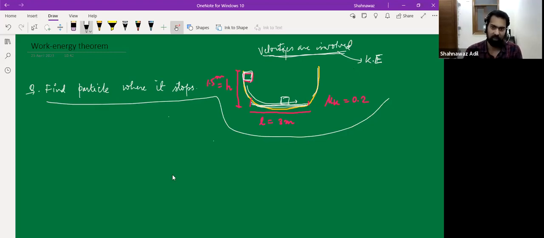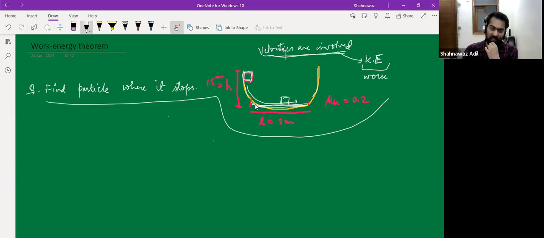Conservation. Yes, we can apply the conservation, but we can also apply the work energy theorem.